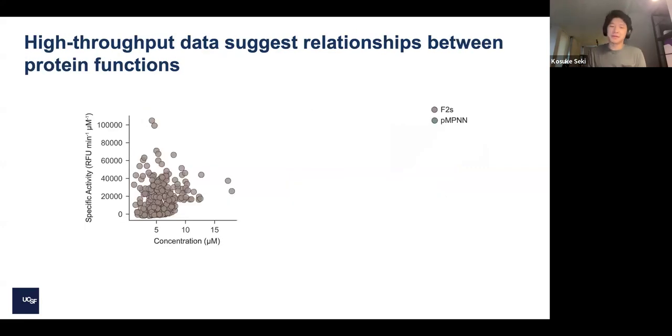We were talking about just now how frame2seq variants generally tend to have higher specific activity levels but lower concentrations. If we look at that data a little bit more, we can see that there does appear to be some trade-off between activity and expression, which is interesting because it suggests that maybe the higher activity enzymes are less stable than you'd expect, and that there might be an inherent trade-off between those two functions.